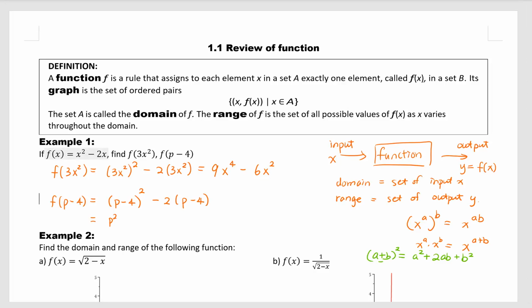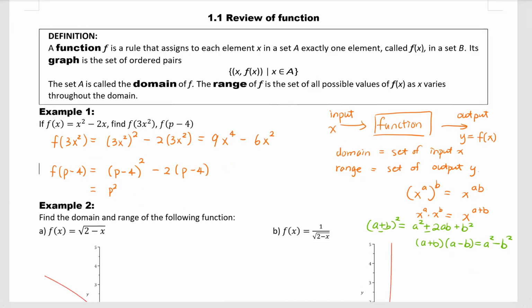A minus b squared is a squared minus 2ab plus b squared. And a plus b times a minus b is a squared minus b squared. So everybody make sure you remember all of those algebra formulas.